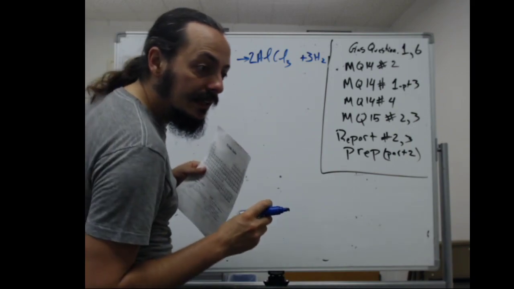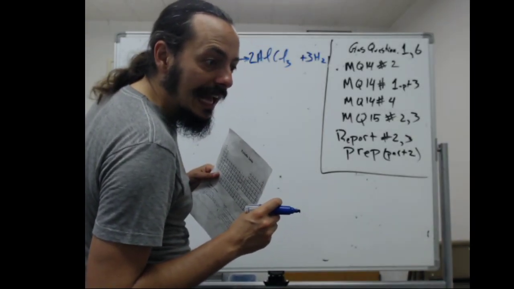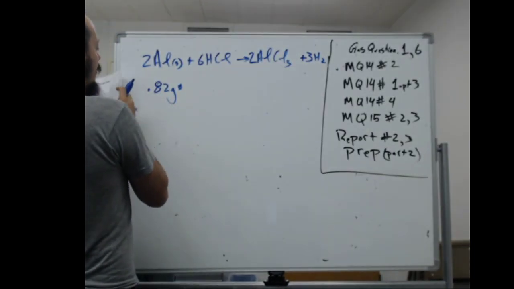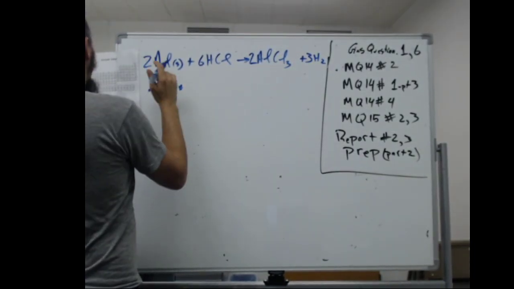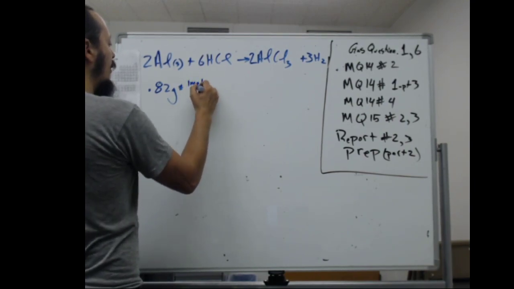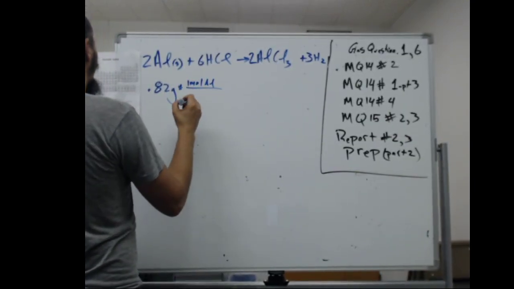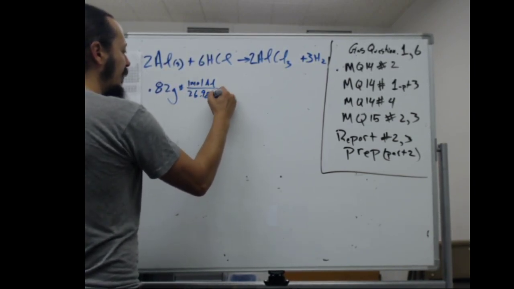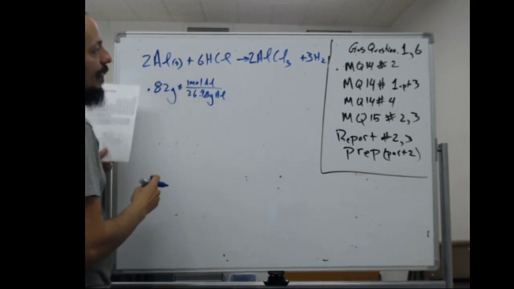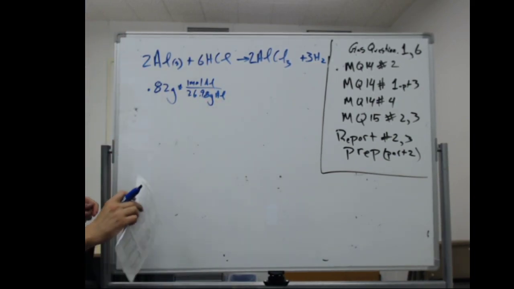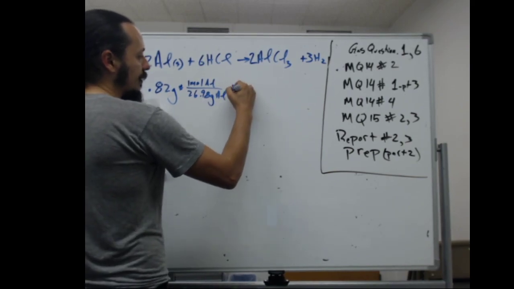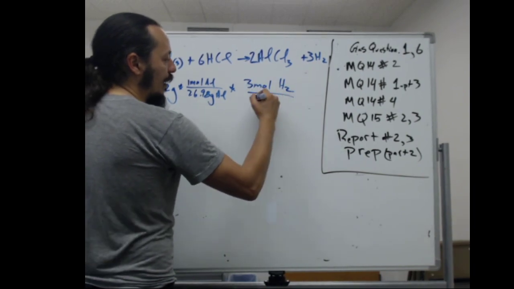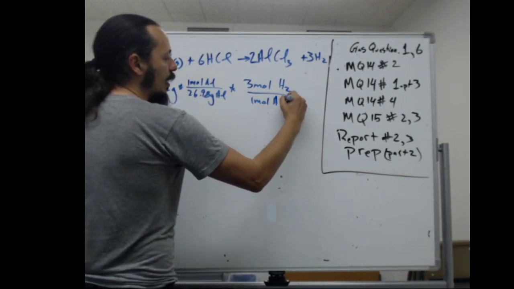So we want to find the hydrogen gas produced in moles. We're just going to do some stoichiometry. I'm going to need the fact that 1 mole of aluminum has 26.98 grams of aluminum. That'll cancel out my grams, get my moles, and then it's just the mole ratio between the two, which is 3 moles H2 for every 1 mole aluminum.